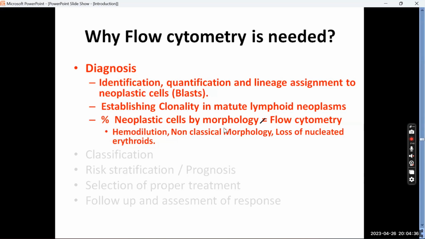I have seen an AML where the neoplastic cells looked more like myelocytes with granules, and I hardly got 6%, 7% blasts, but when I did flow it was around 22%. So non-classical morphology is something you can miss by morphology. Flow is very good at picking up those cases also.